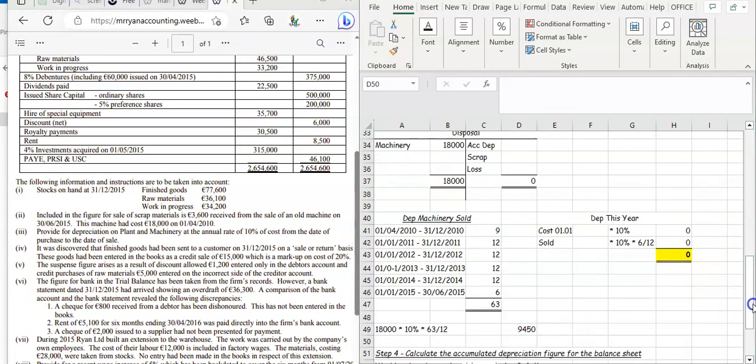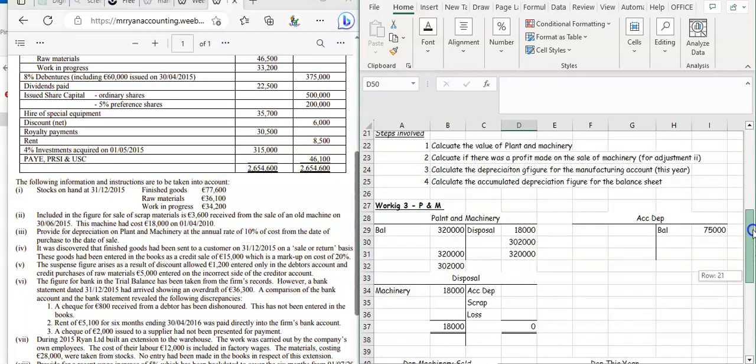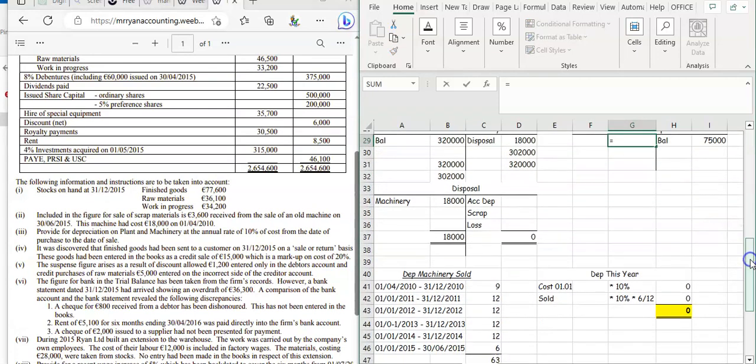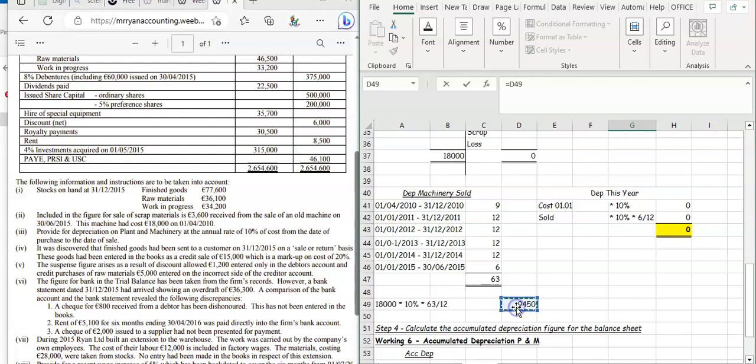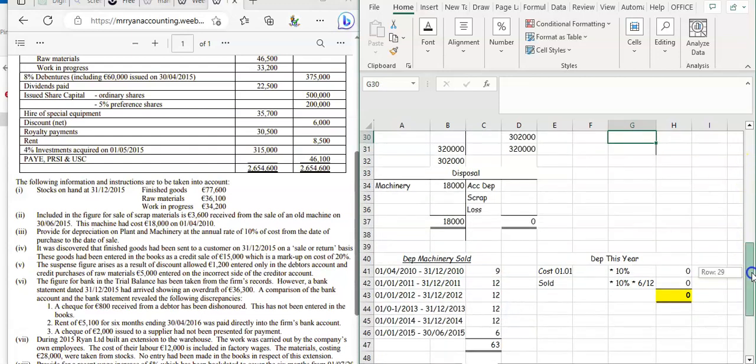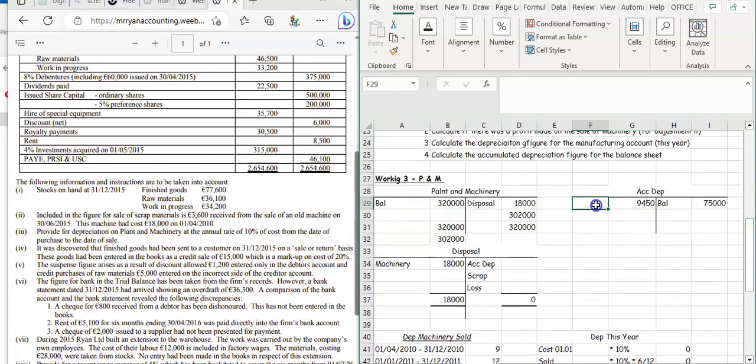So we need to reduce our accumulated depreciation account by 9,445 because that 75,000 includes that figure. And then we're going to put that into our disposal account. So we're going to debit our accumulated depreciation account, and then credit our disposal account with 9,445.